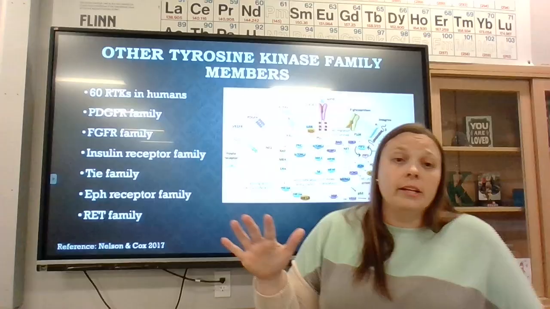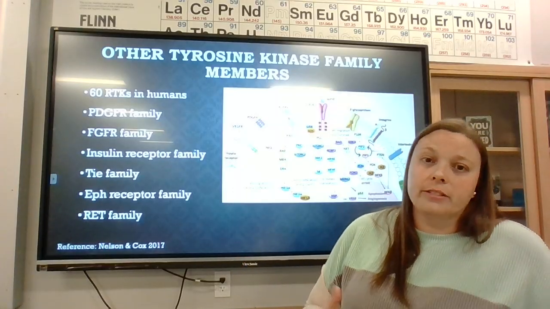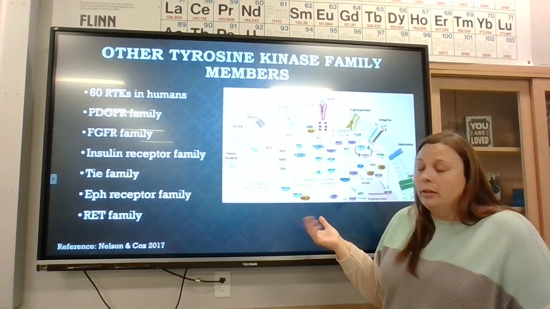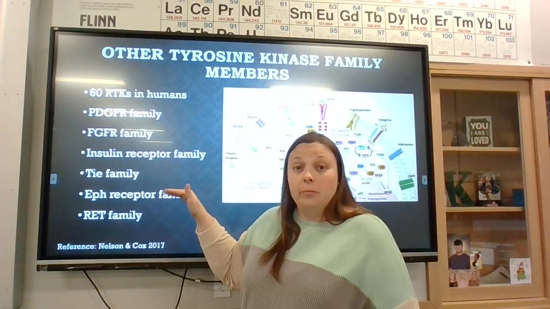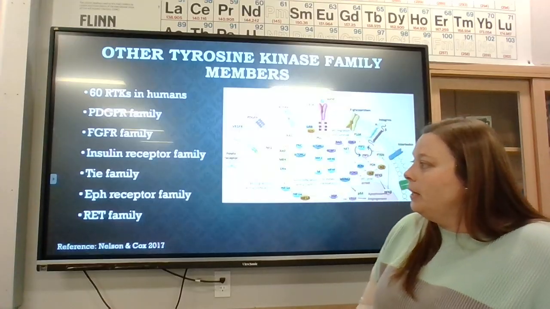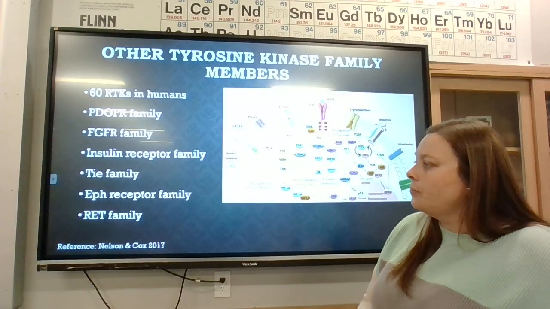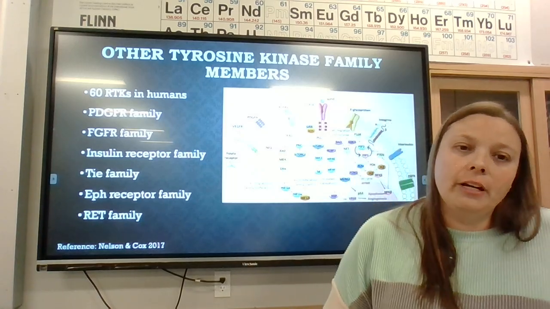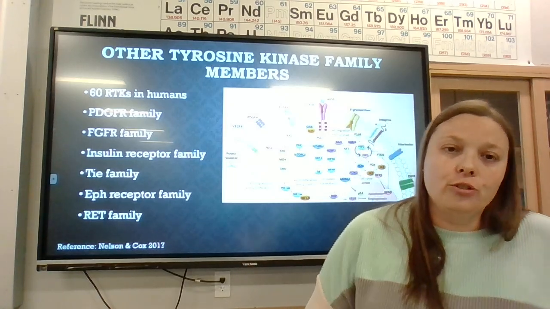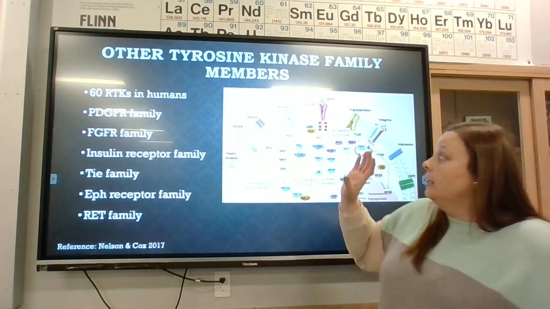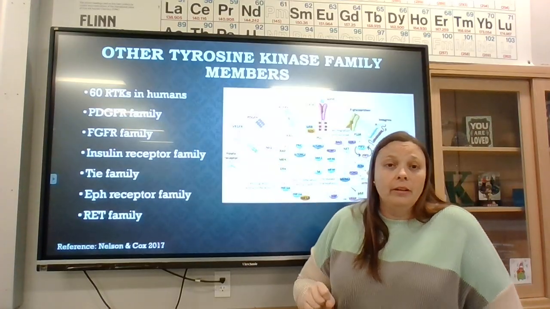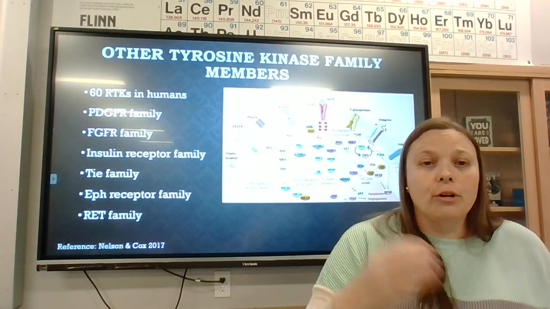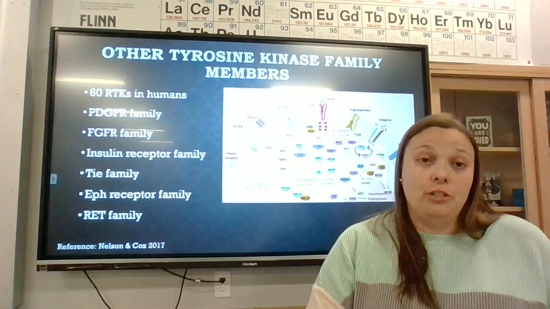There's also a huge study and a lot of information going on the insulin receptor family, which is a tyrosine kinase as well, that has to do with insulin binding. There's also the Tie family, the EPH receptor family, and the RET family. So lots of different opportunities here to create new drugs to affect this one family that will slow growth, cell signaling for growth, and division.